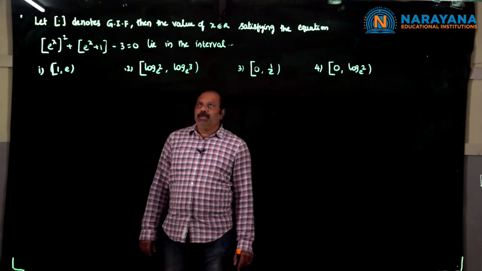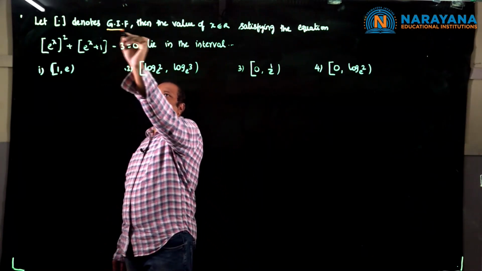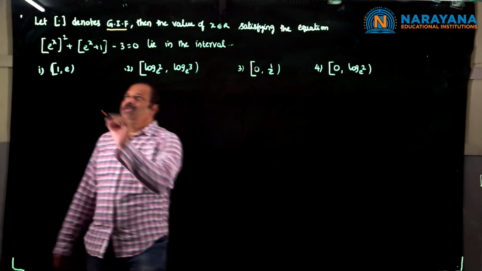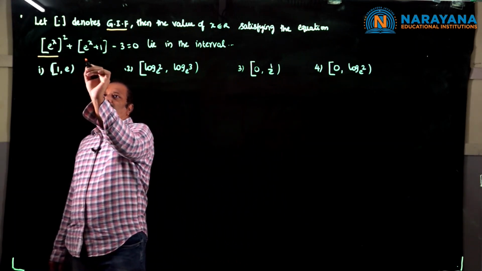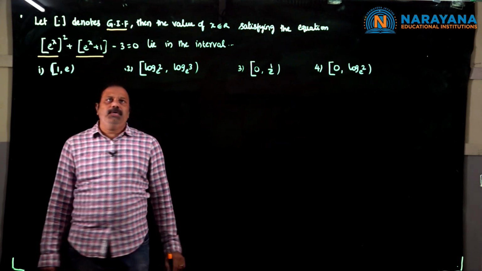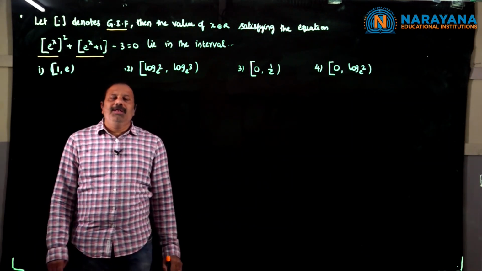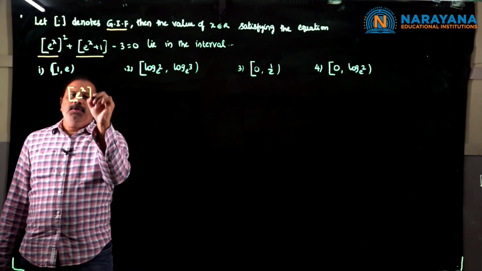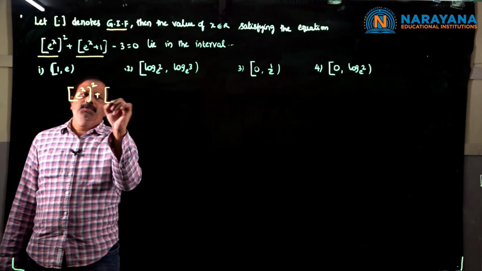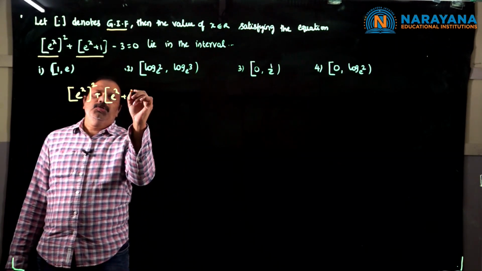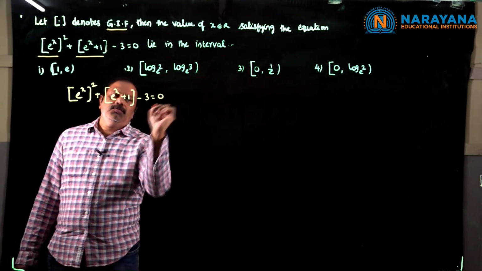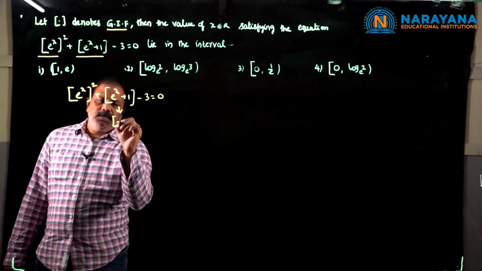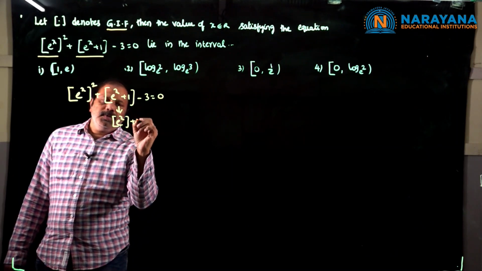Let the bracket denote the greatest integer function. Then the value of x belonging to R satisfying the equation ([e^x])² plus [e^x + 1] minus 3 is equal to 0 lies in the interval. Here [e^x + 1] can be expressed as [e^x] plus 1.